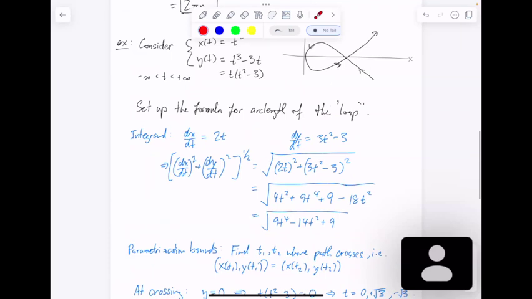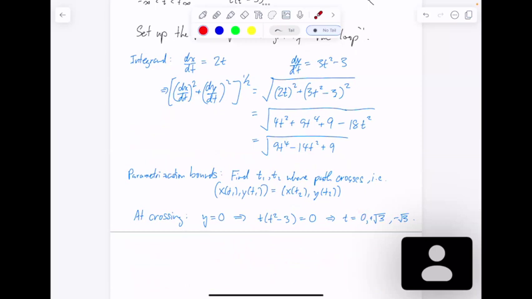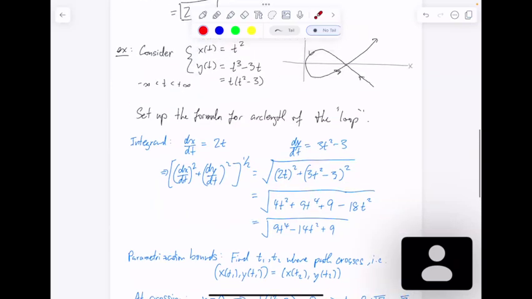So algebraically, there's only a single solution that solves x equals 0, y equals 0, which is t equals 0. So that can't make sense. Or visually speaking, if you look at this curve, (0, 0) is here. The path doesn't cross itself at time equals 0. So this is not a valid time. Whereas if we take plus root 3 or minus root 3, y is 0 at both t equals plus root 3 and minus root 3. And x is equal to 3, right, at either of those times.